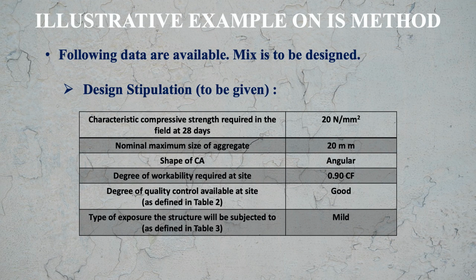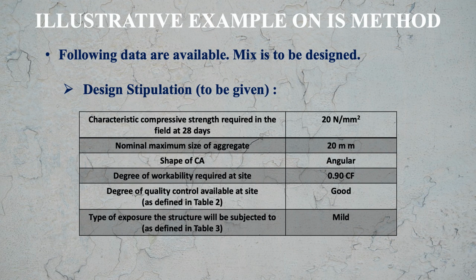Degree of quality control available at site as defined in table 2 in our last lecture. You saw table 2 giving the data related to the degree of quality control.